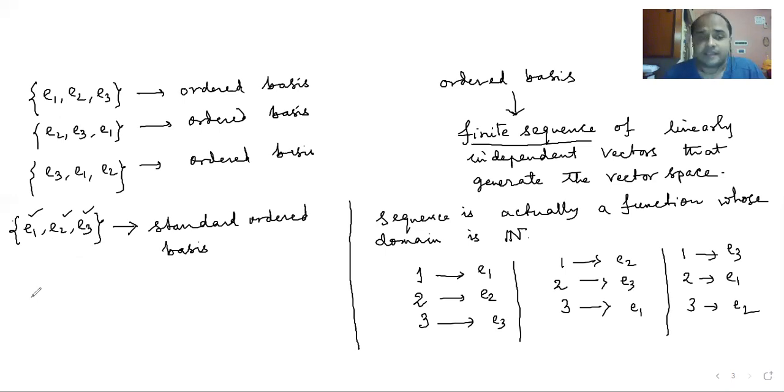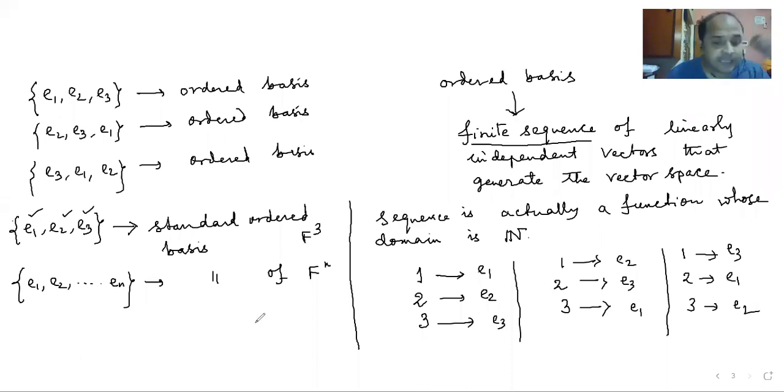that becomes the standard ordered basis. In general, if I consider the vector space Fn, this becomes the standard ordered basis of Fn. This is the standard ordered basis of F3. And if you talk about the polynomial space Pn(F), polynomials of degree less than or equal to n defined on the field F, then the standard ordered basis will be 1, x, x squared, dot dot dot, x to the power n.